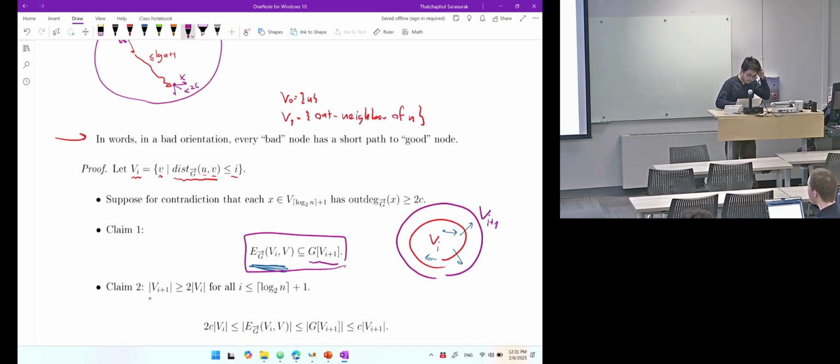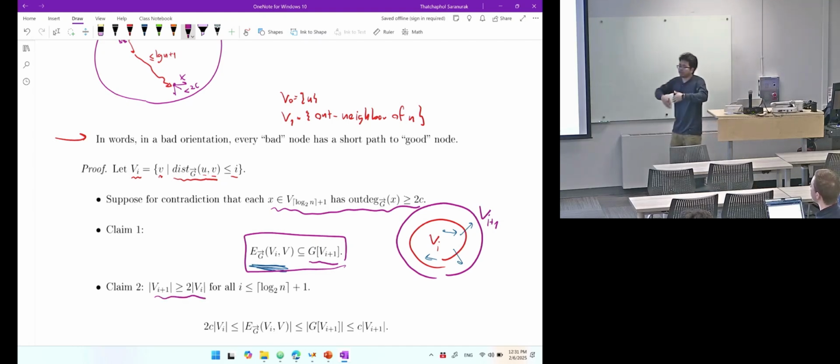So now I claim the following. I claim that if this is the case, then V_{i+1} is twice the size of V_i. The reason is this.